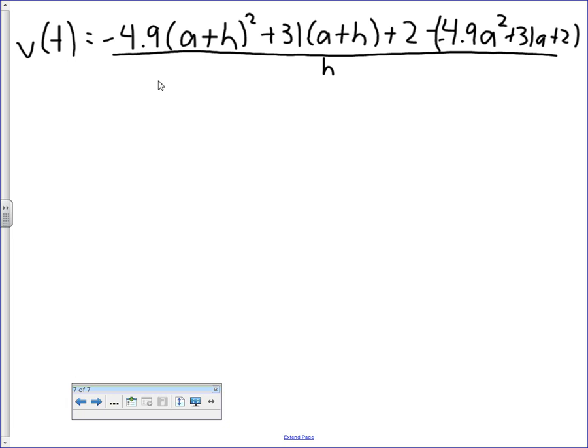Can I get a volunteer this time, so I'm not going to force you, to show off your wonderful algebra skills? I just multiplied the negative 4.9.